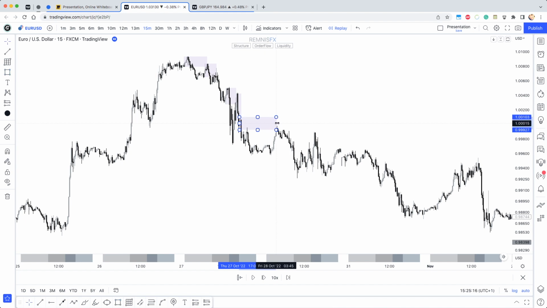Normally we wouldn't look at this area, but because that candle itself already mitigated the order flow sitting above it, we can use that as our next order flow. And as you can see, price came and went down again, right?